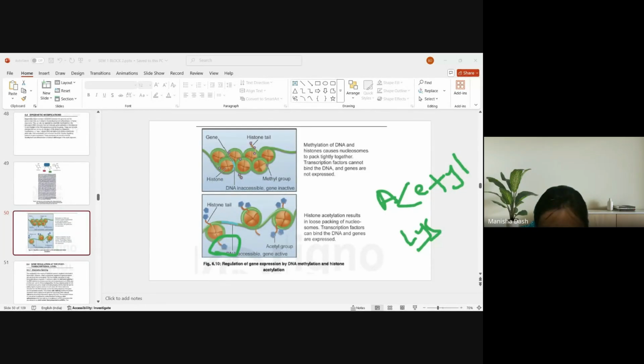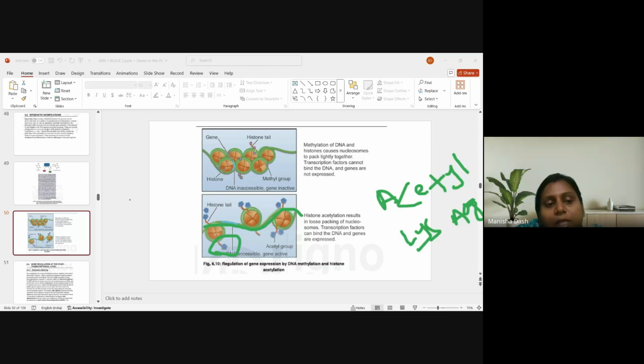So addition of the acetyl group actually increases the positive charge on the histone tail. So they try to stay away from each other. The more the histones remain away from each other, the more accessible the DNA will be for the RNA polymerase to carry out the transcription process.